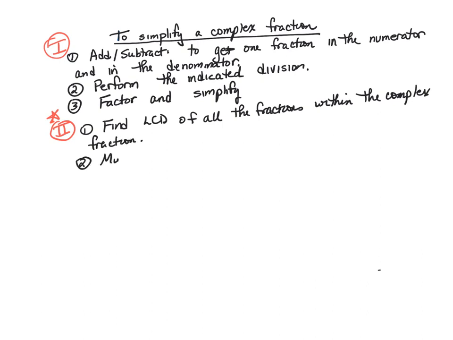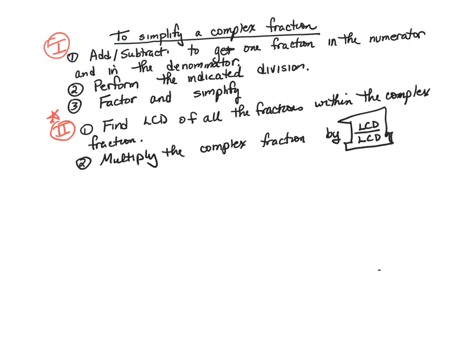Then multiply the complex fraction by the least common denominator divided by the least common denominator, which is a form of 1. That's a 1. By the least common denominator over itself.